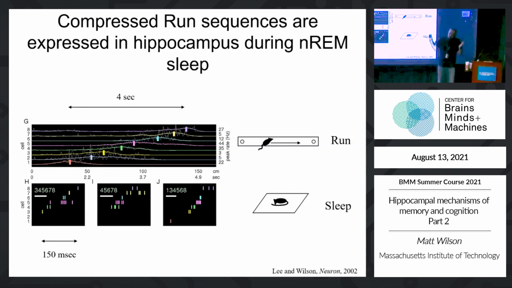So it's not simply that if you took a recurrent network and ran it in space, and then you just let the network go, what you would find is a tendency for certain spike order sequences to be expressed just because there's asymmetry in the connectivity matrix.